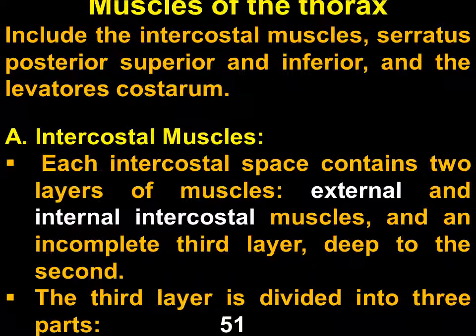Now, the intercostal muscles: we have three layers, external, internal, and an incomplete third layer. The external is a complete layer, the internal is a complete layer deep to the external, and deep to these two we have an incomplete third layer, which is deep to the internal intercostal.